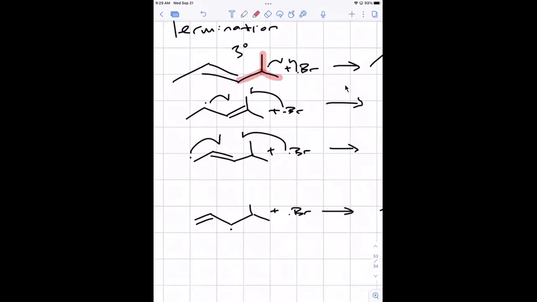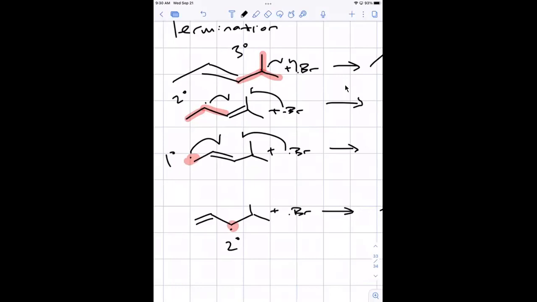And then this is secondary. This is primary. And this is also secondary. So which one is going to be the fastest? Let's start there.